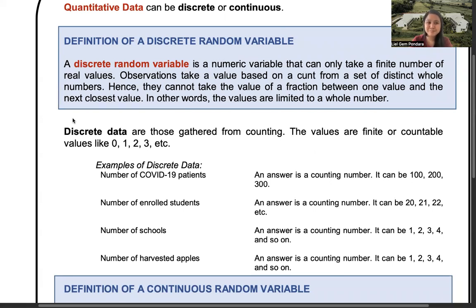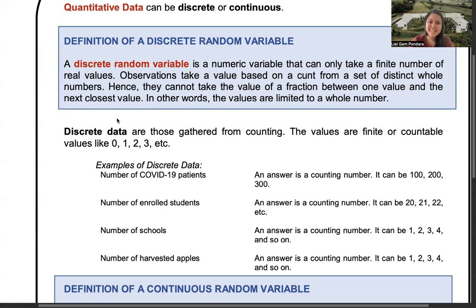What else? It's an advantage if you keep on sharing because you don't know what items are in the quiz. So some of these might be answered based on what you will share. Number of vaccines in the Philippines. Yes, it's discrete. Number of languages an individual can speak. Yes, it's discrete.